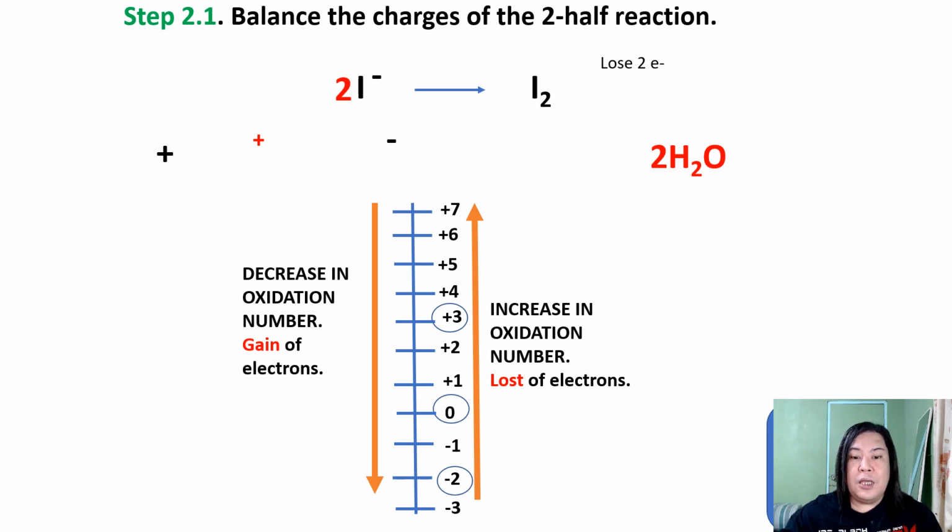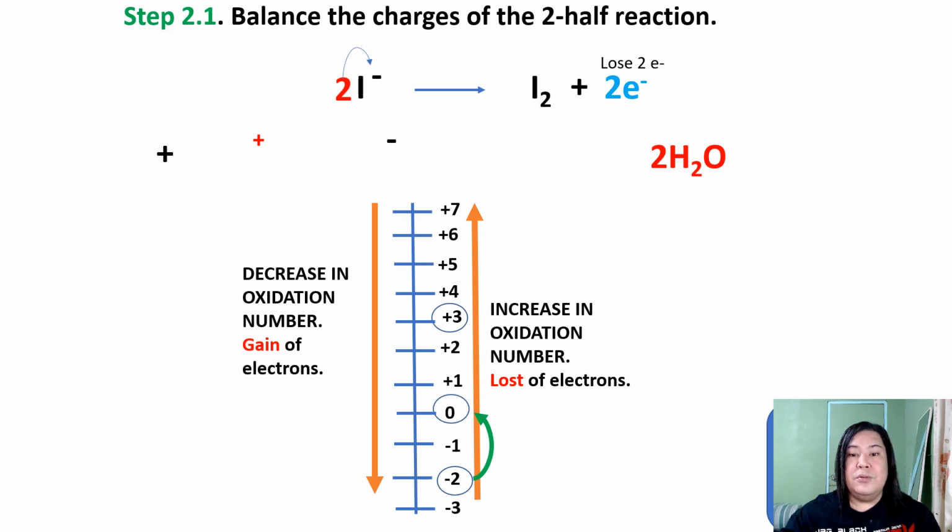So the charge of our reactant is negative 2. But when it yielded the iodine molecule, in free form the oxidation number is 0. So from negative 2 going to 0, there is a loss of electrons. How many electrons were lost? 2 electrons.